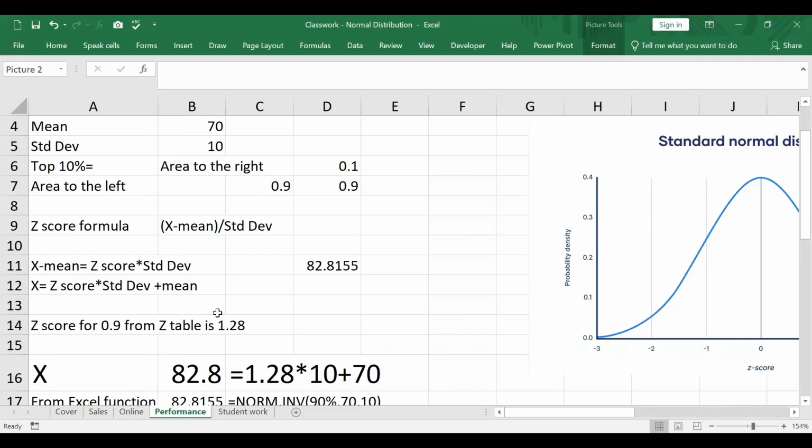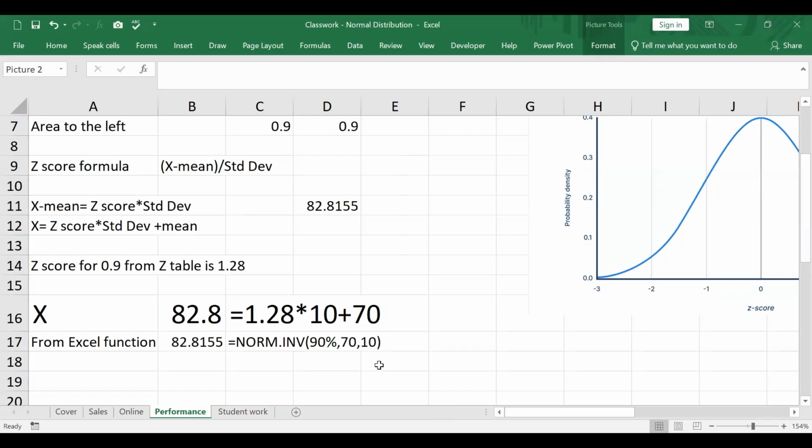So use this formula. 1.28 is the Z score, into 10, because that is the standard deviation, plus 70, which is the mean, that comes to 82.8. If you want to directly find it, there is a formula called NORM.INV.